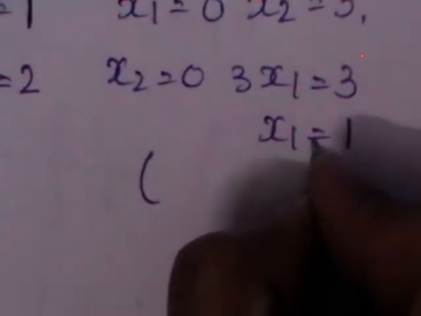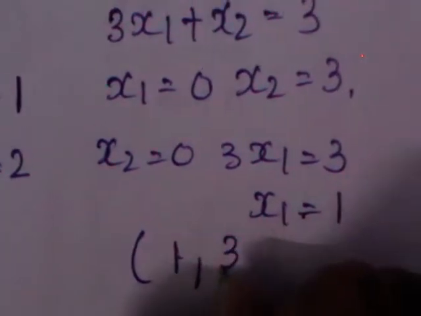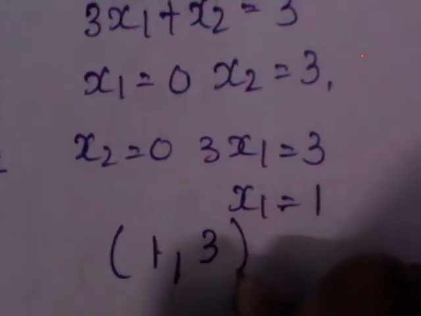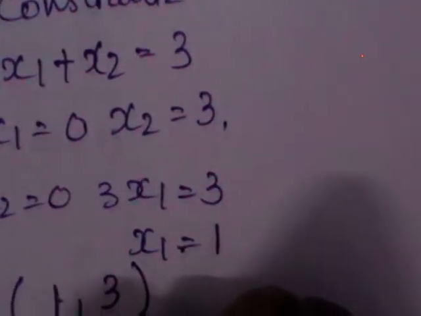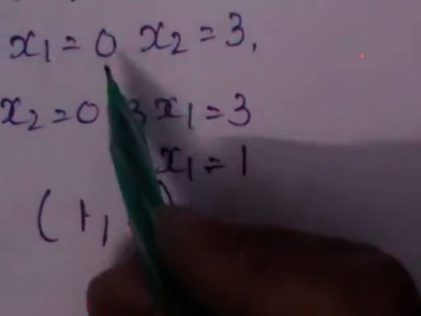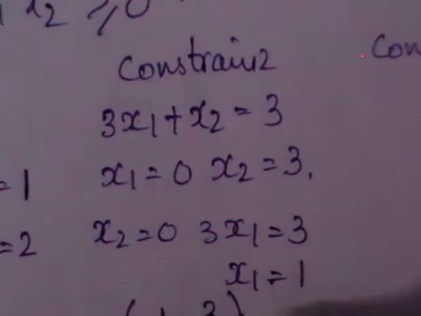What is the ordered pair here? In the second case, the ordered pair is nothing but 1 comma 3. If you put x1 is equal to 0, you got x2 is equal to 3. If you put x2 is equal to 0, you got x1 is equal to 3. This is the ordered pair here.